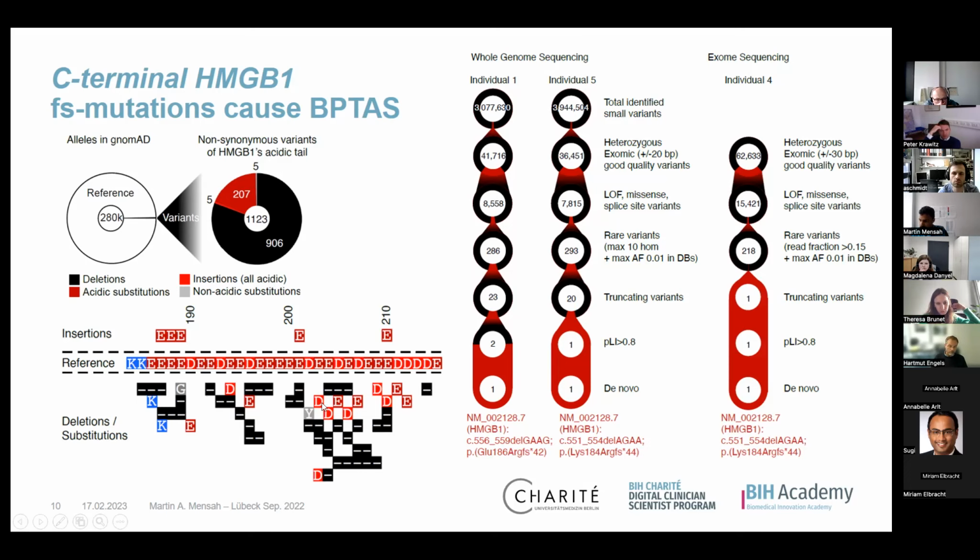One is here and the other is there. They are not basic, so I would think they do not harm the acidic nature of this tail. Anyway, they are super rare. This reaffirmed us that this change of the acidic nature of the C-terminus of HMGB1 is pathogenic.